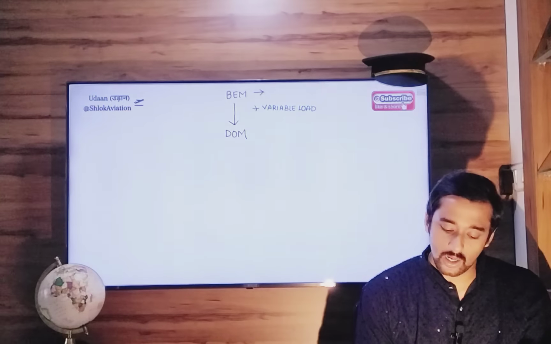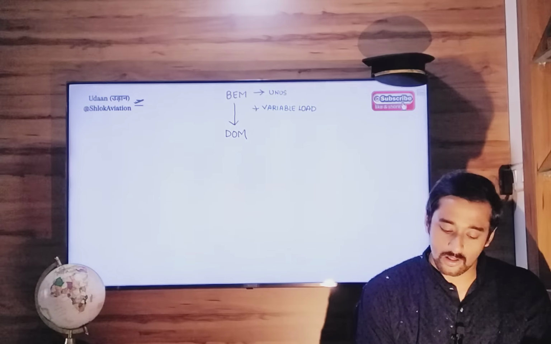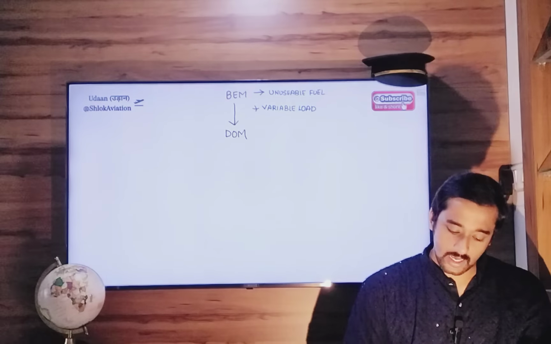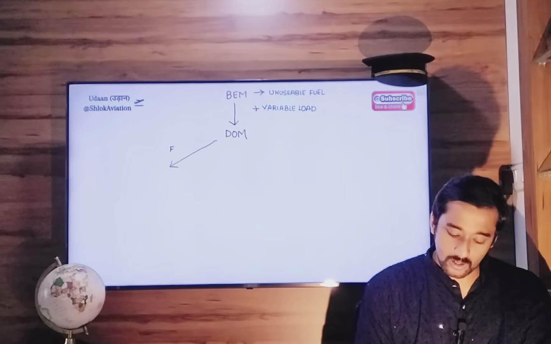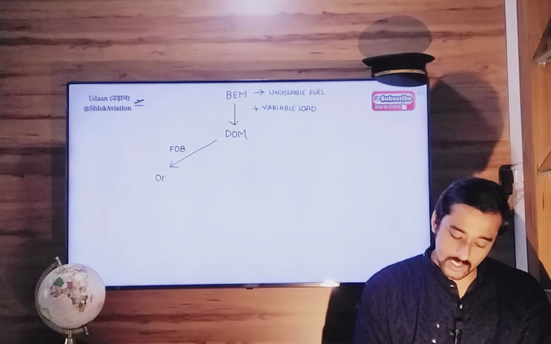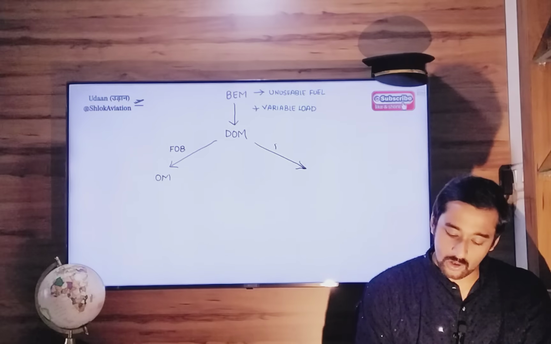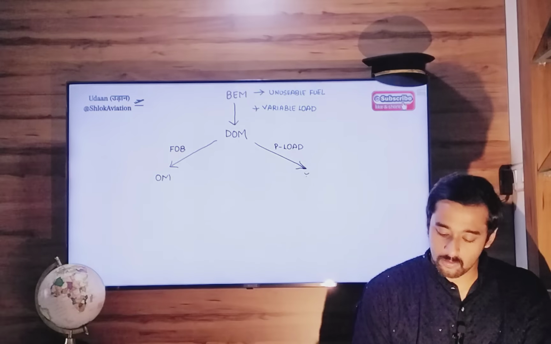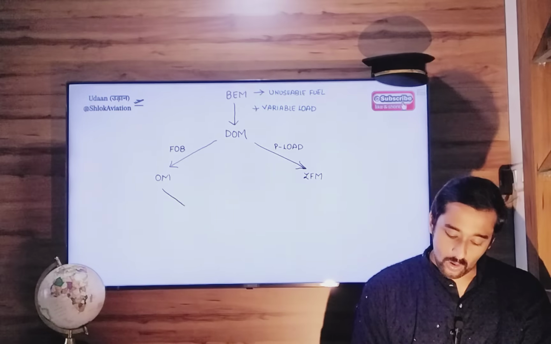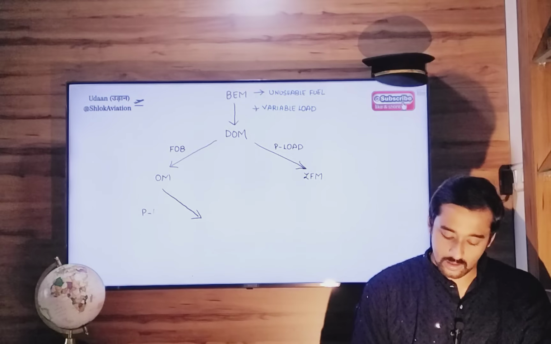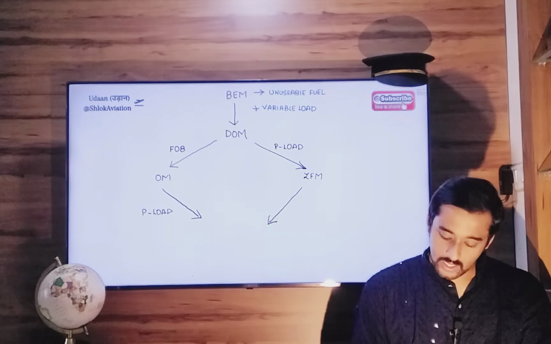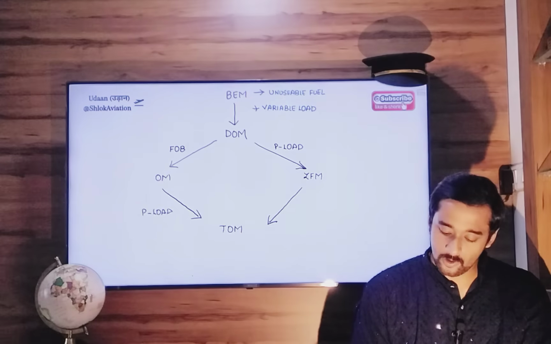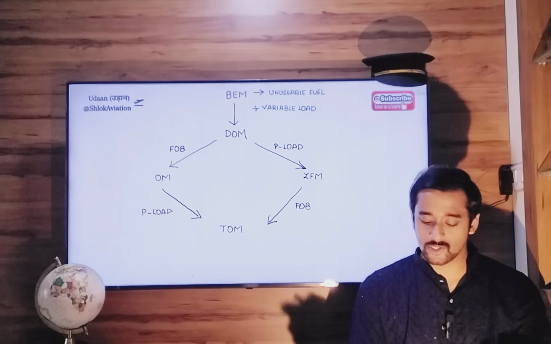Basic empty mass is inclusive of unusable fuel. Next, dry operating mass plus fuel on board, that is takeoff fuel, gives you operating mass. Dry operating mass plus payload gives you zero fuel mass.